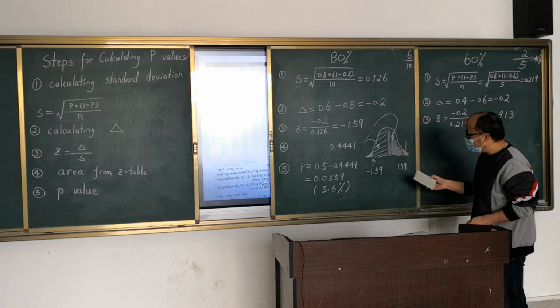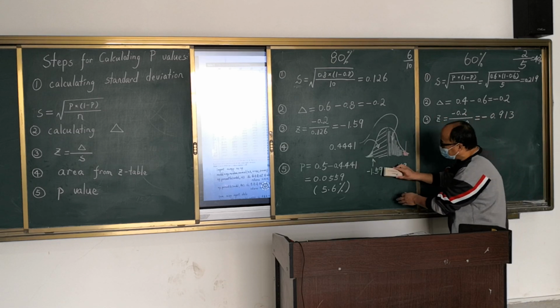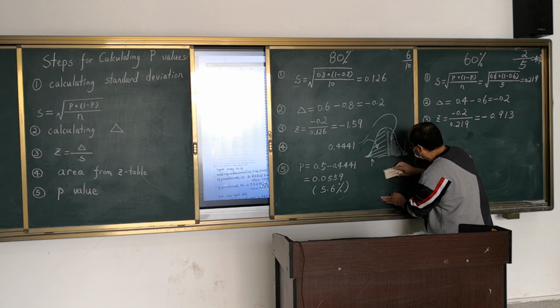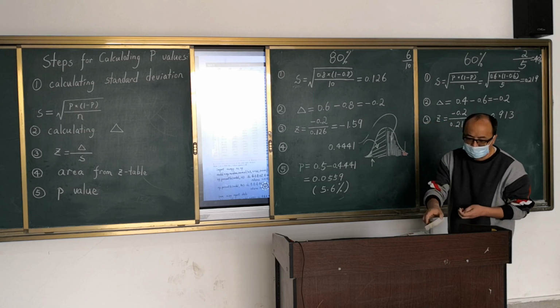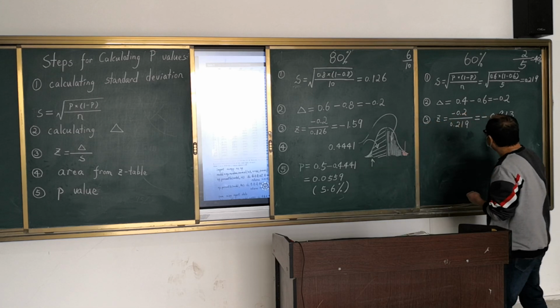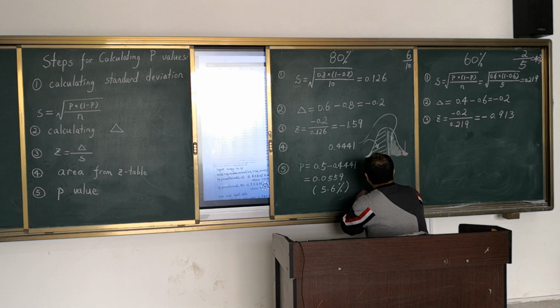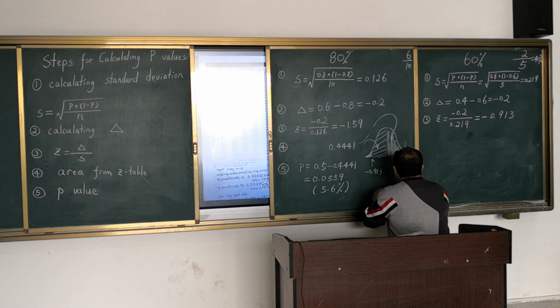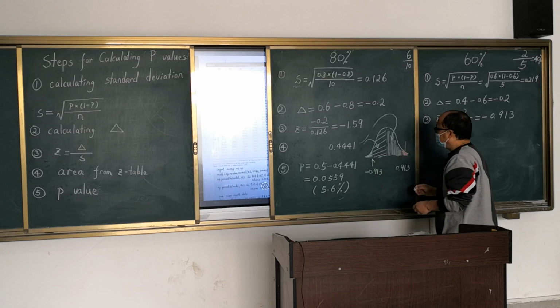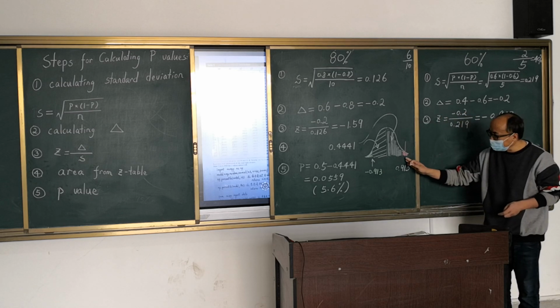You should have this sense. This means this guy is at negative 0.913. And here is a positive 0.913. Okay? The Z scores.